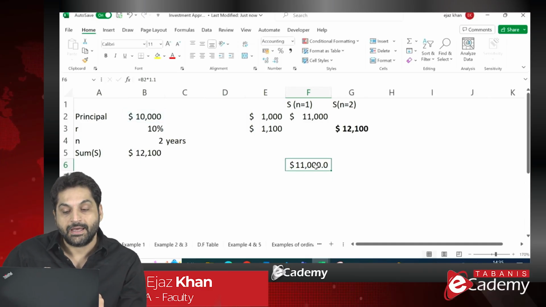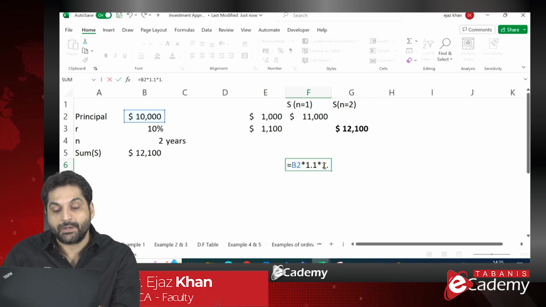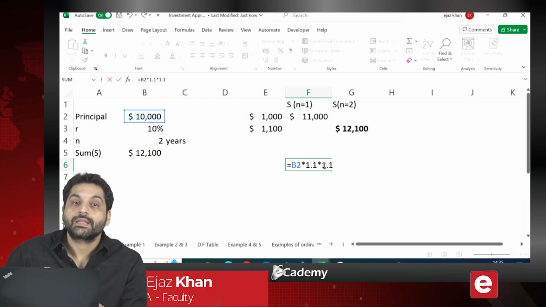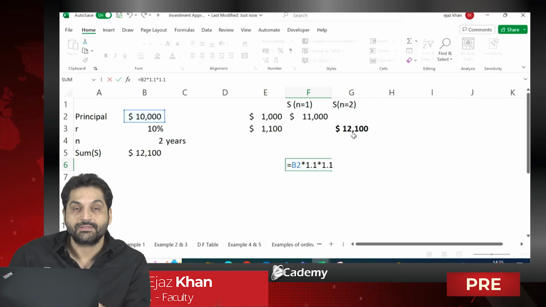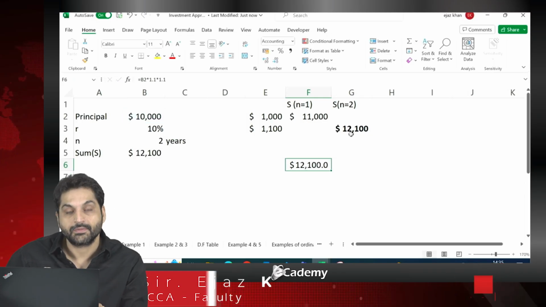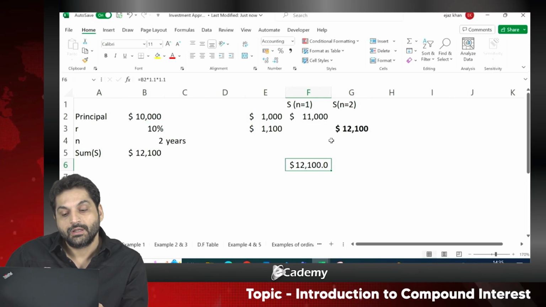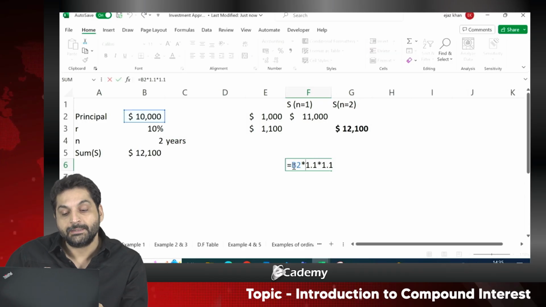And if the same is multiplied by 1.1 again, it will give us this 12,100 figure. So if we multiply the principal by 1 plus r, that is 1.1, twice, we will get the figure after 2 years.